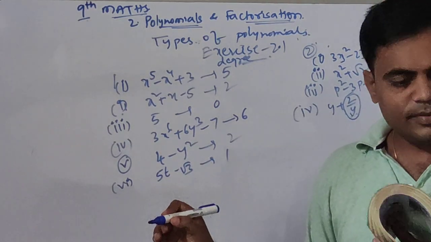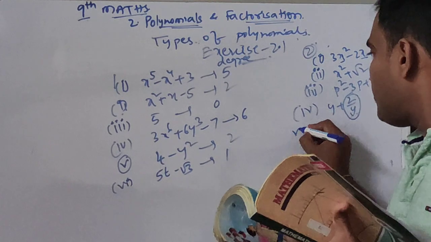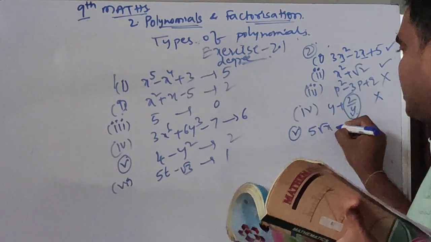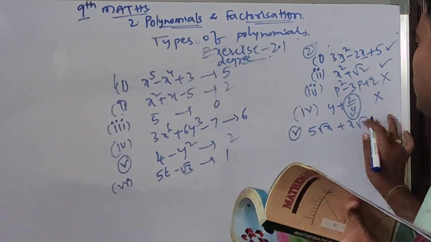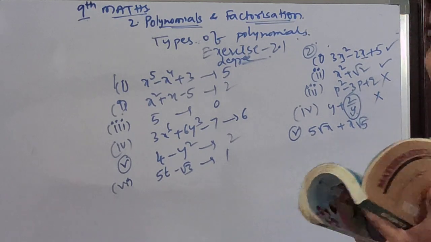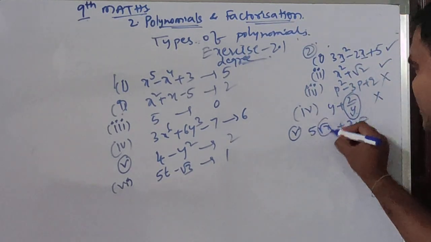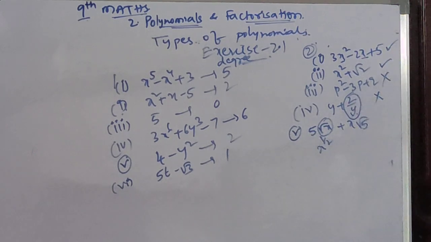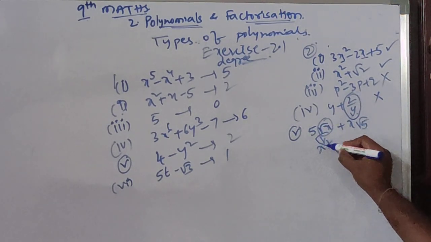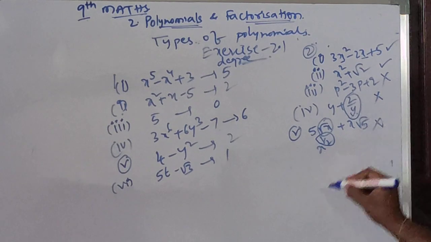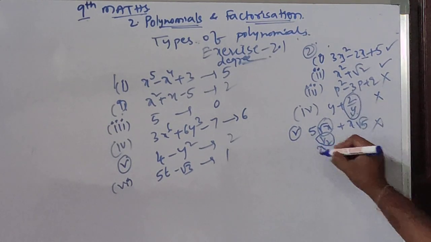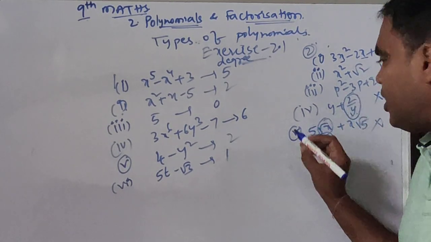Next, fifth one, 5 root x plus x root 5. So here root x is nothing but x power 1 by 2. If x has a fractional power, then it is not a polynomial. Of course it is in single variable, but it is not a polynomial.